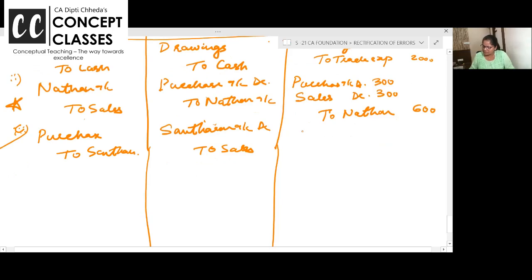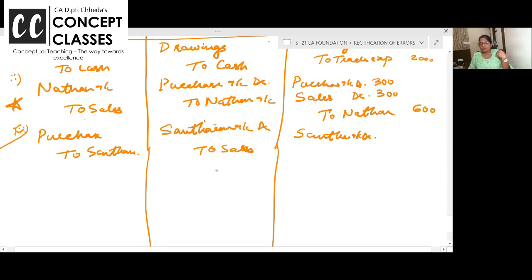Now, Santaram account debit with double the amount. Double the amount. Okay?